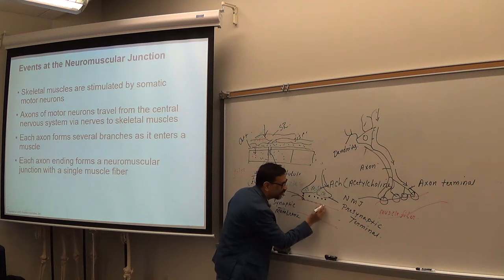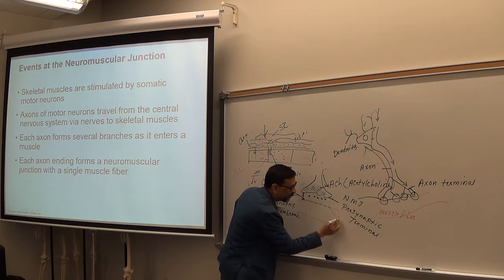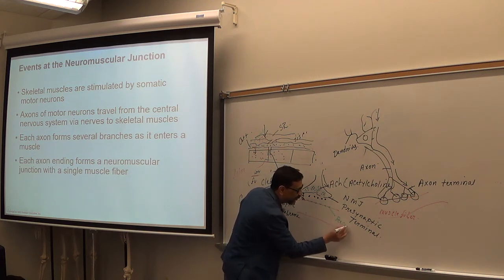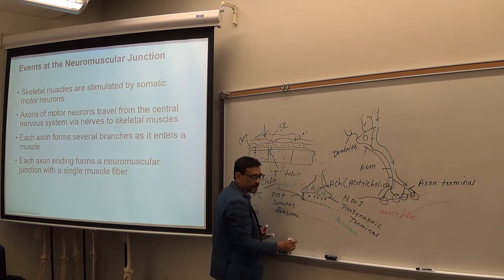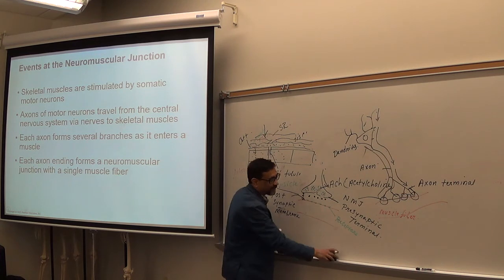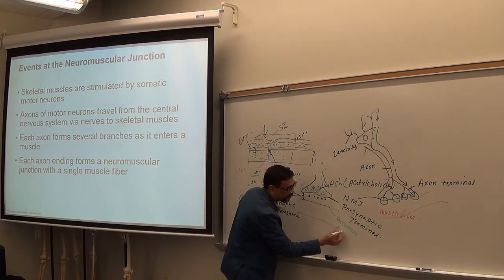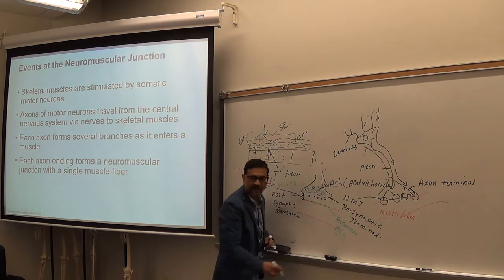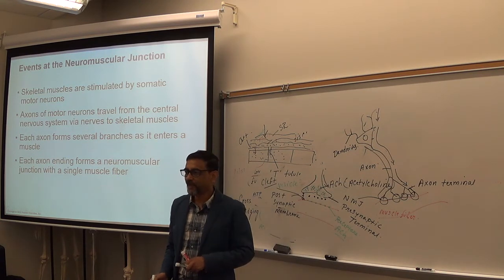So these are the tiny protein structures called the receptors. What kind of receptors? Lock and key, but ACH receptors. The type is ACH receptors. Okay?